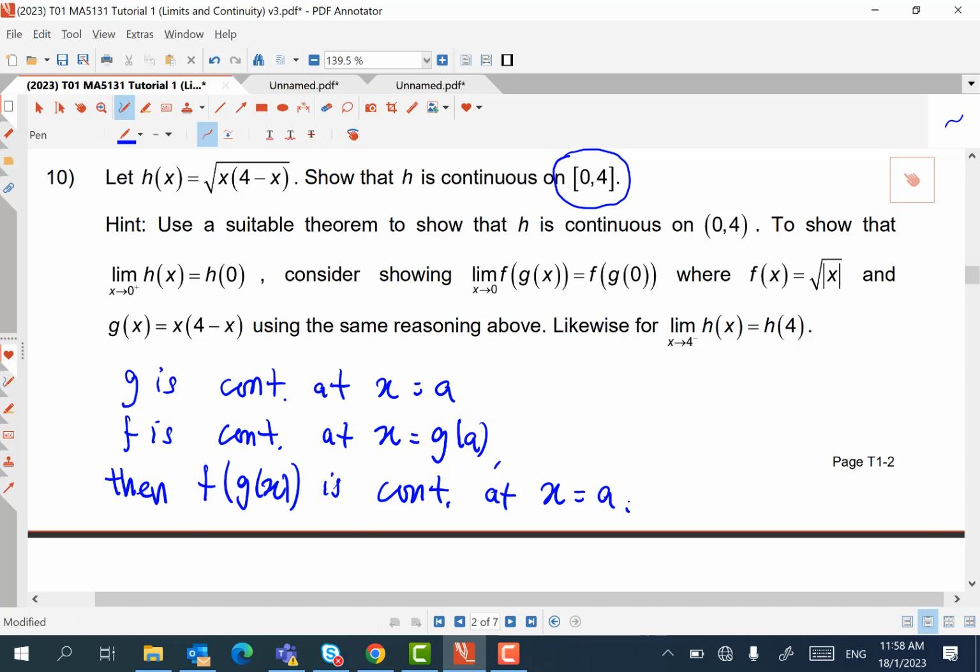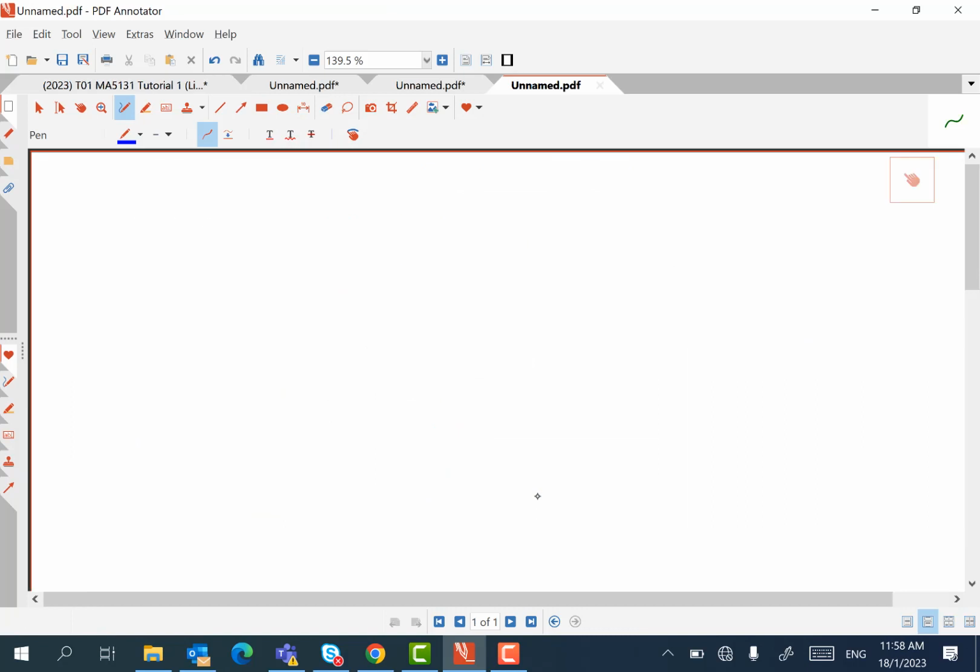So for number 10, we got to start off this way, no? Your function h(x) equals the square root of something.